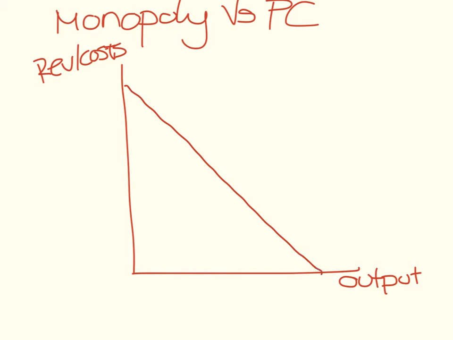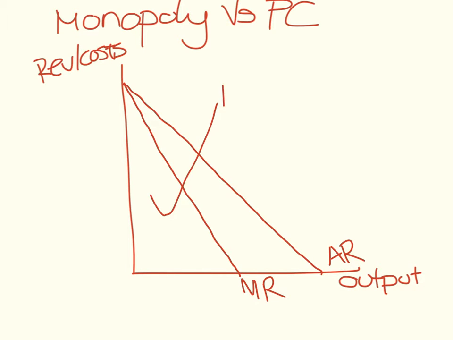So we need to set up our diagram like any other diagram with average revenue, and then we have marginal revenue, and I'll draw marginal cost here. Now this is going to stand for marginal cost of the perfectly competitive market, so I'm going to call it marginal cost C. I should have probably done that C a little bit smaller.